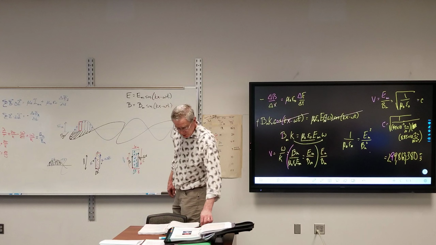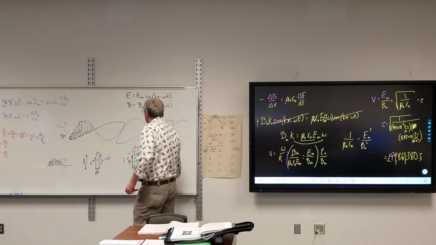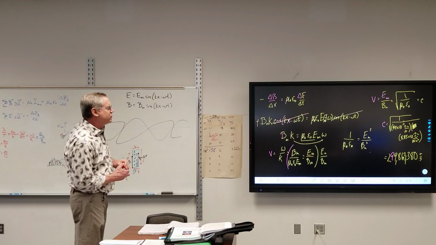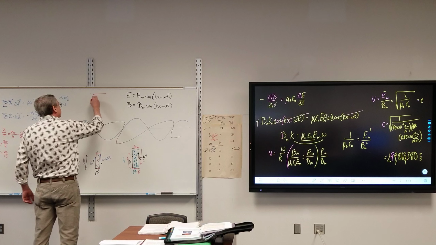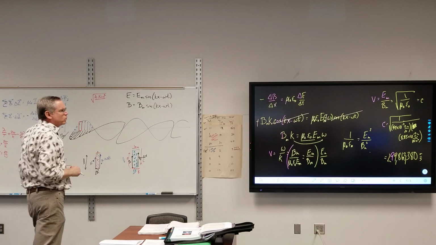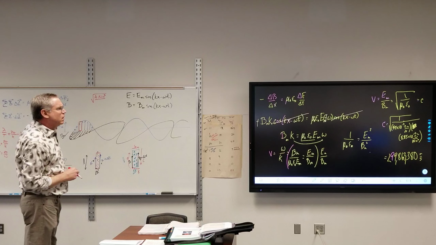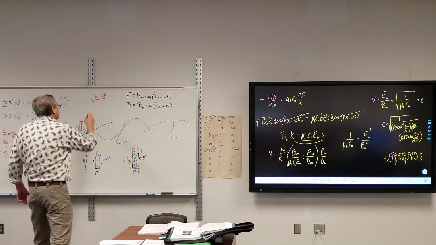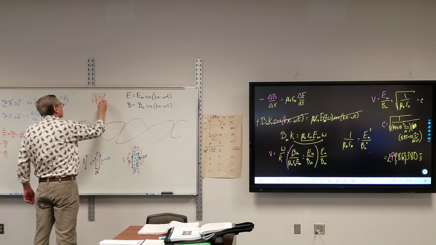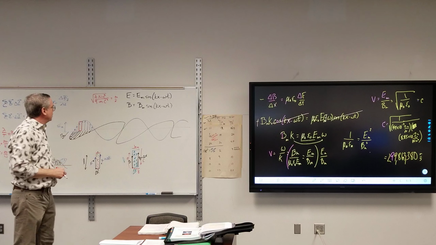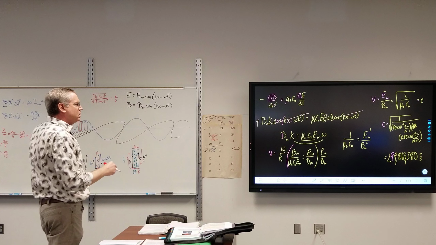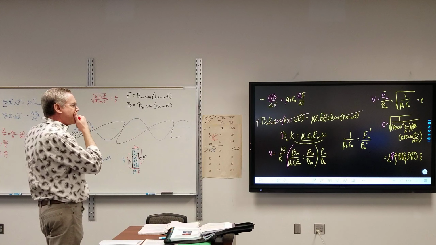So, if we're going to do it that way, then, let's see, we have square root of ampere Newton meters squared per Tesla meter Coulomb squared. It's equal to a meter per second. Yeah, that checks out with me.